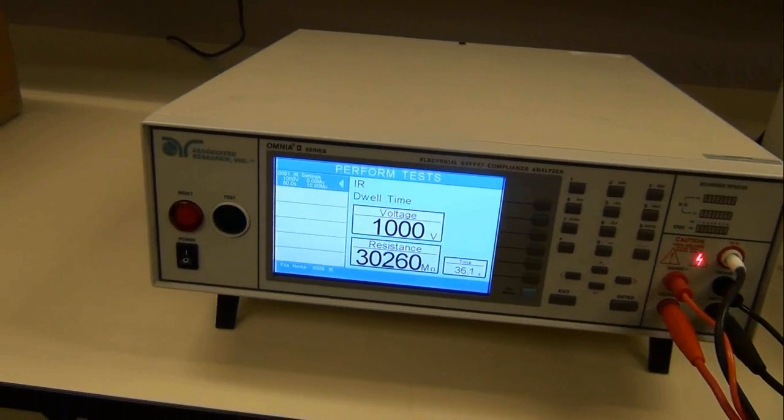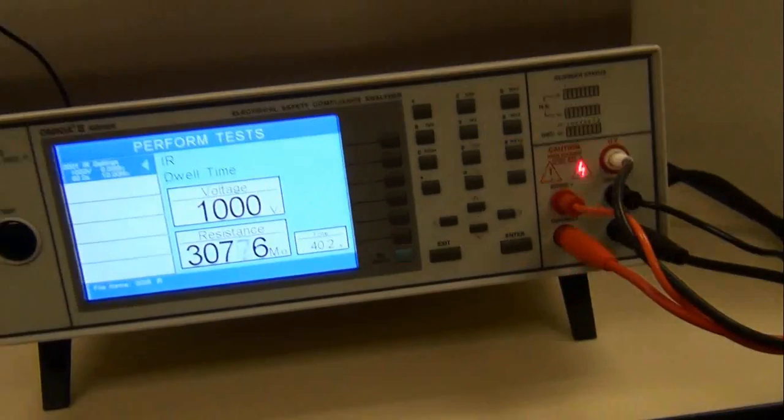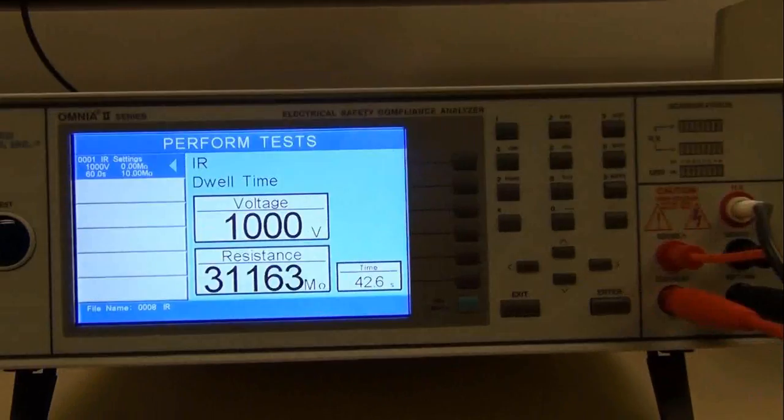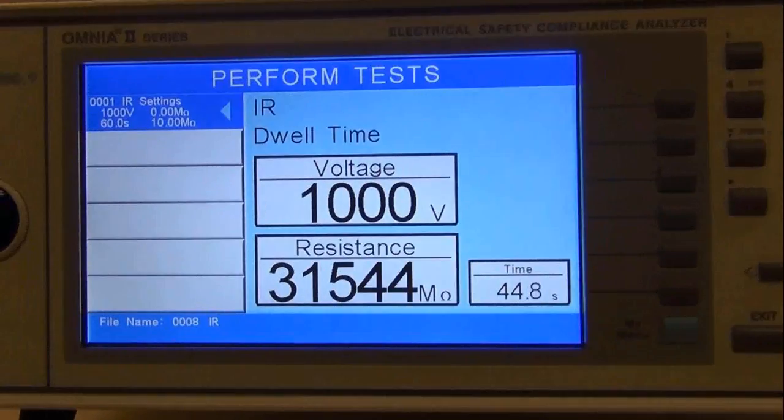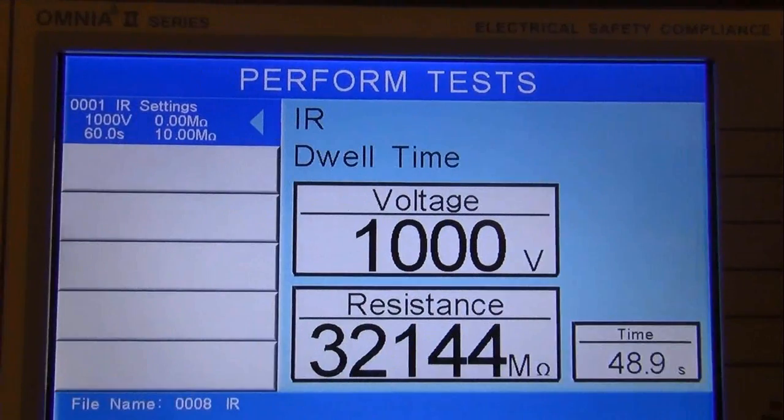And as you can see, the display result of the insulation resistance test is being displayed in megaohms in this case. As you can see, the time is on the bottom right of the screen of the Omnia.